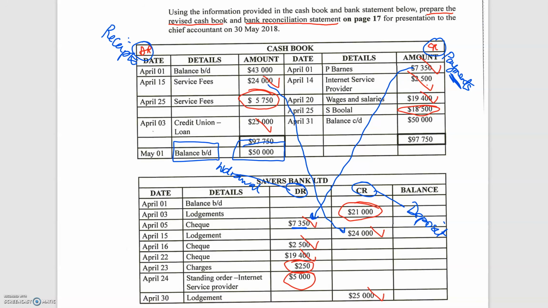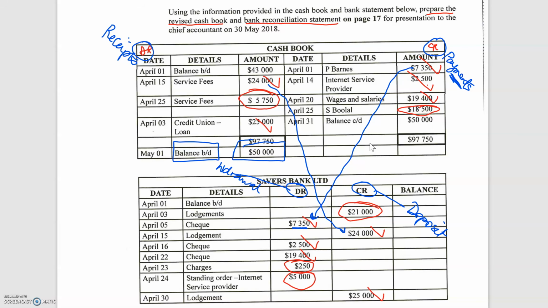So we are reminded here of the laws of double entry, with receipts being recorded on the debit side of the cash book, payments recorded on the credit side of the cash book, withdrawals recorded on the debit side of the bank statement, and deposits recorded on the credit side of the bank statement. We are reminded of the laws of double entry, where for each corresponding credit, there's a corresponding debit, and vice versa. For each corresponding debit, there's a corresponding credit.